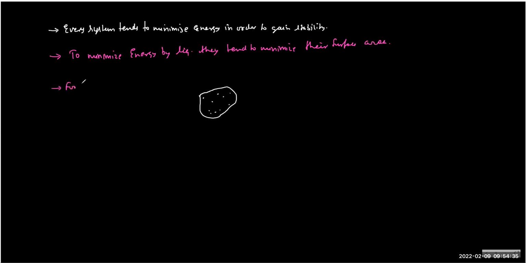So for a given volume, which shape will have the least surface area? Sphere. So for a given volume, a sphere will have the least surface area.